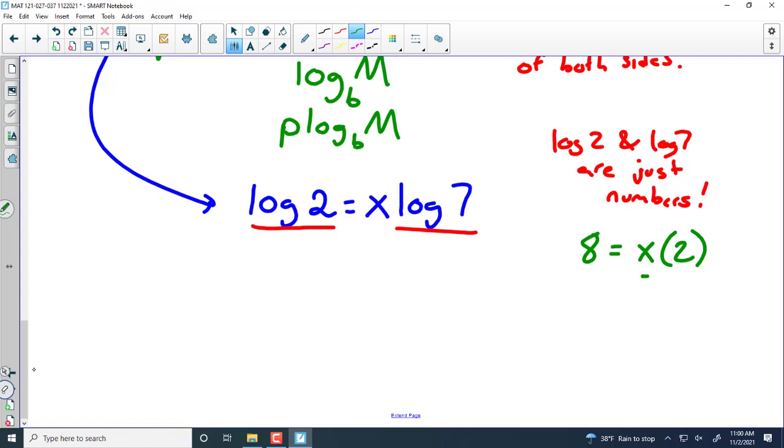You would finish this up by dividing by log 2. Why? Because it's just a number. Is log 2 a number, everyone? Is log 7 a number? So if we want x by itself, what do we divide both sides by? Log 7. You divide both sides by the log of 7.